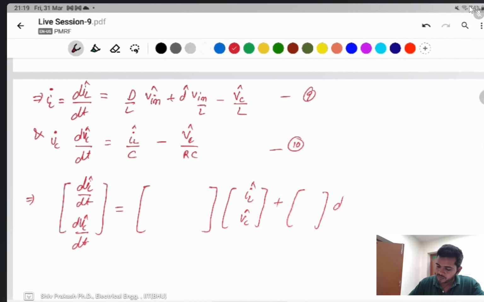In this equation number 9, L dI by dt, that means this one is 0.